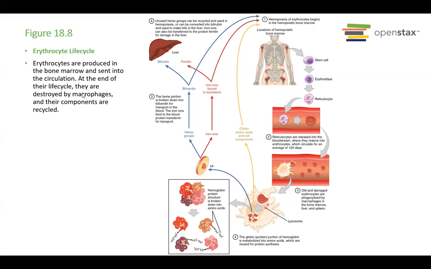What is the typical life cycle for a red blood cell? 120 days. Excellent. So 120 days divided by 30, how much is that? 4 months. That's why a diabetic patient needs to get their blood checked 3 times a year, every 4 months.